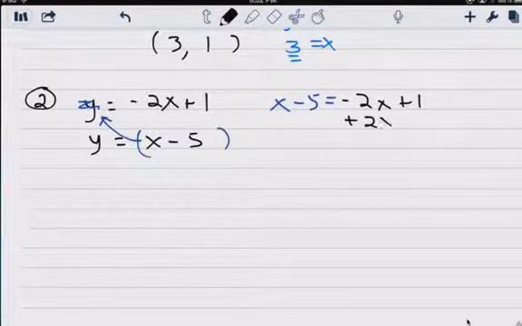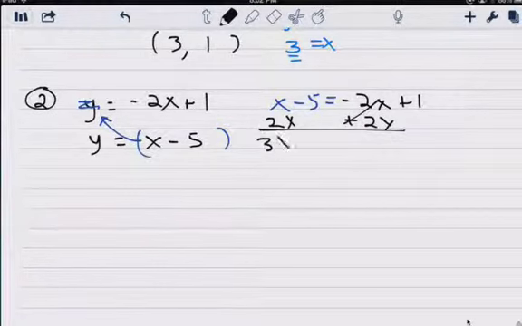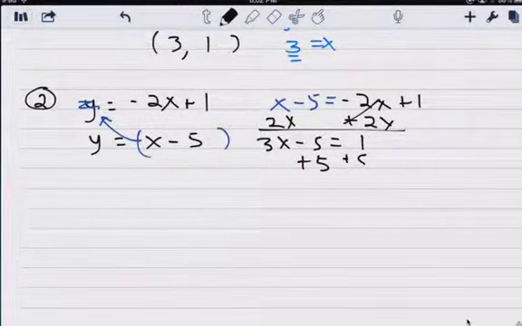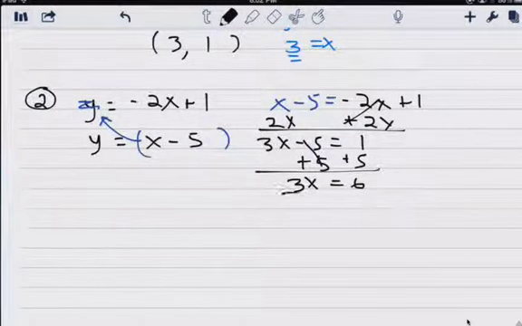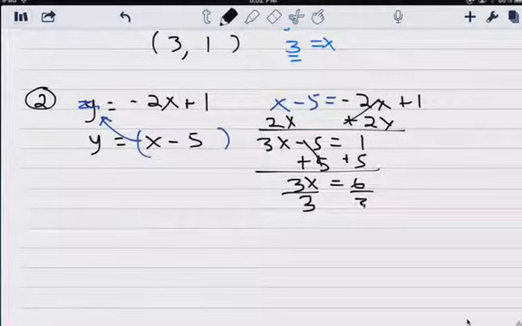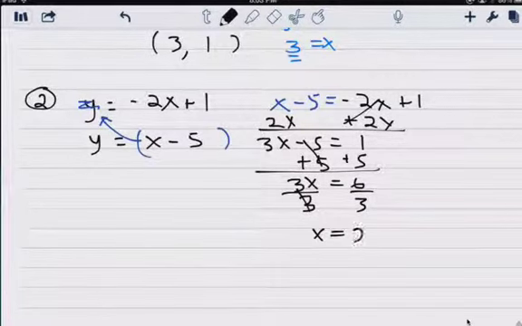Add 2x to both sides. You get 3x minus 5 equals a positive 1. Add 5, 3x equals 6. Divide by 3, x equals 2.